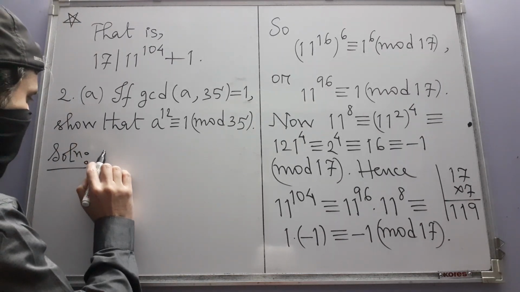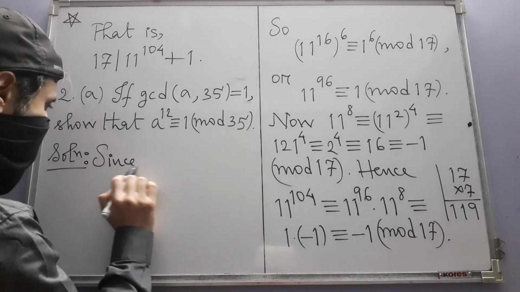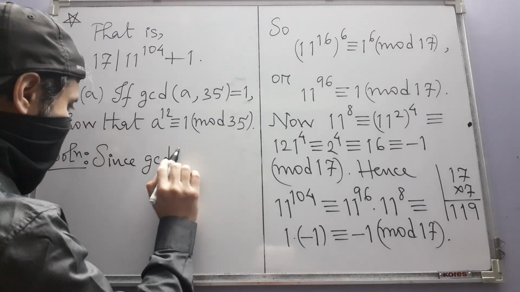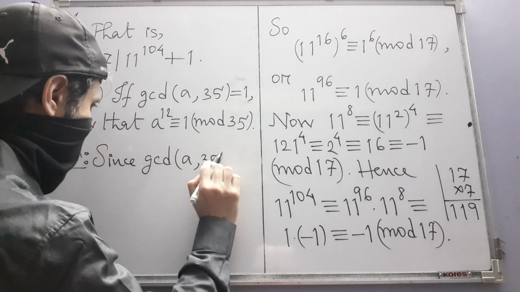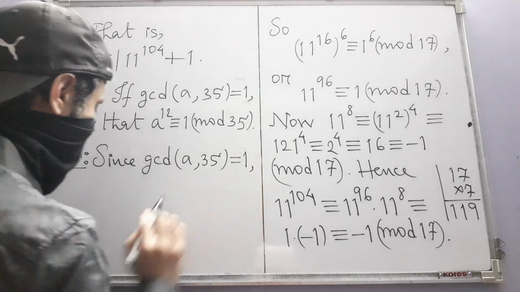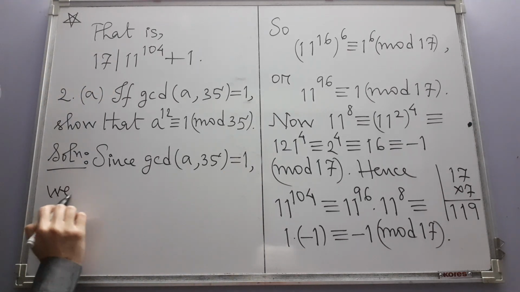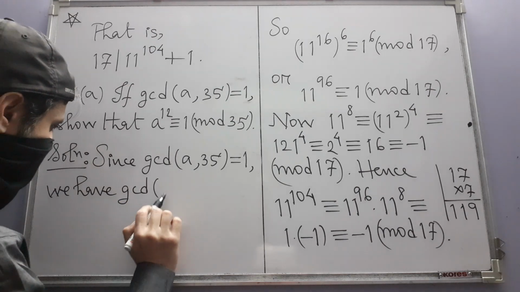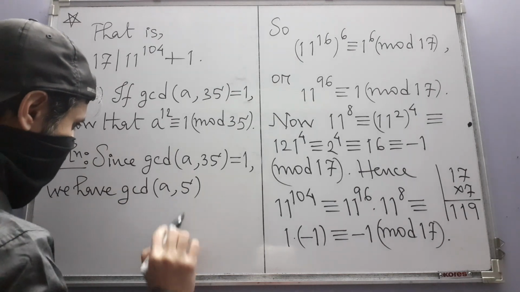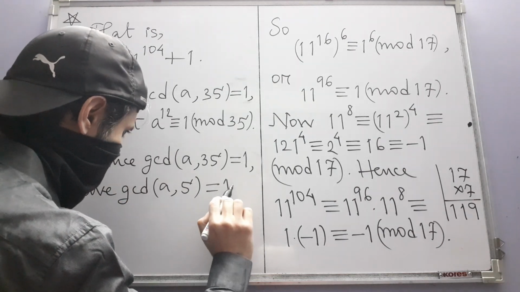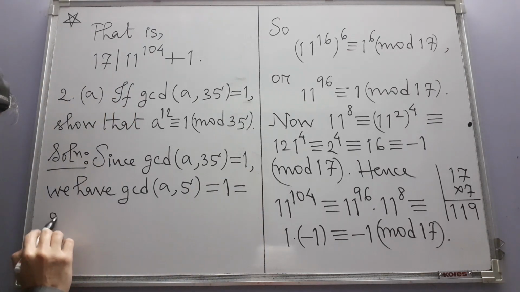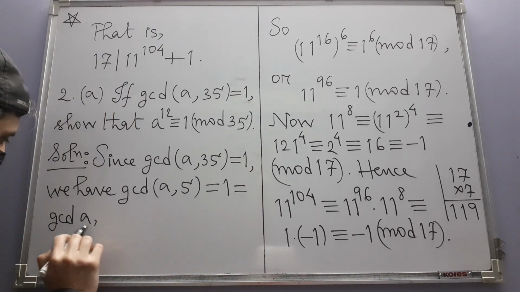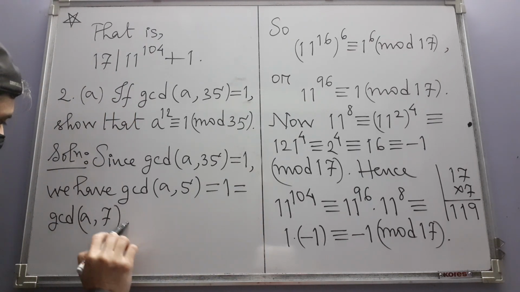In the beginning we note this, since a and 35 are relatively prime, a and 5 must also be relatively prime, and a and 7 must also be relatively prime.